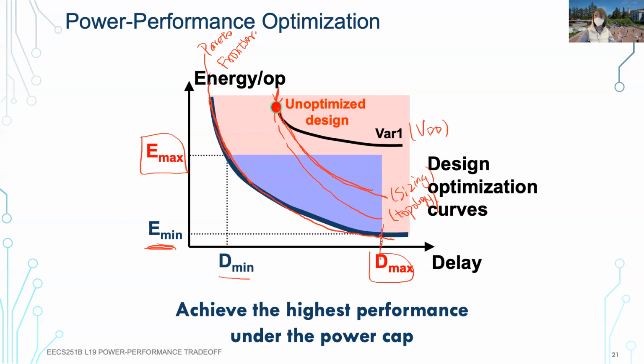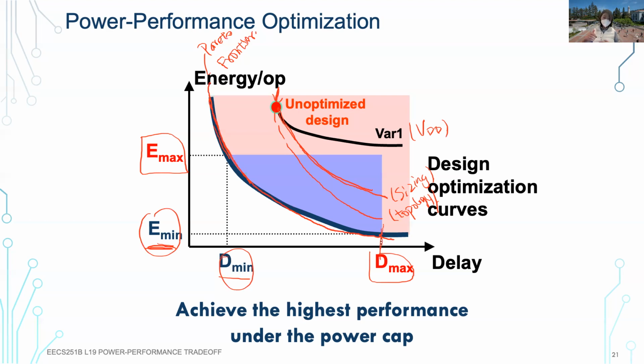We cannot go any further, considering all the tricks that we can do. This is the Pareto frontier: the best we can do. So Emin and Dmin are more like an implication: given this design and these constraints, this is the best we can achieve. We cannot do any better.